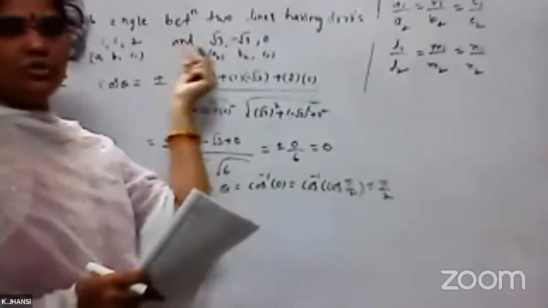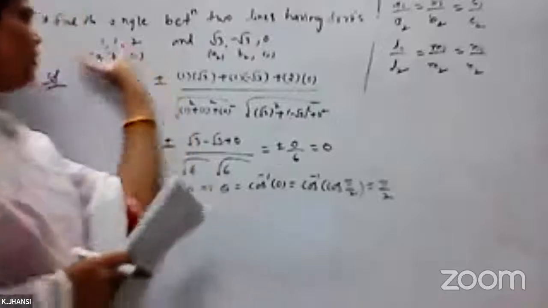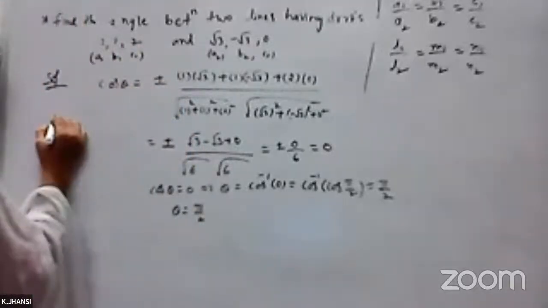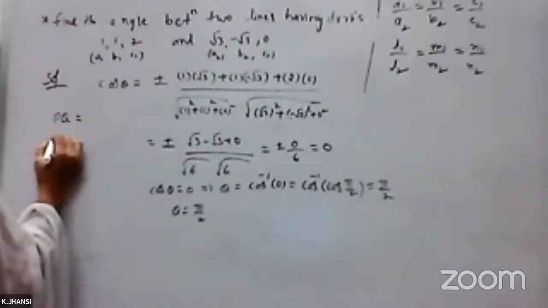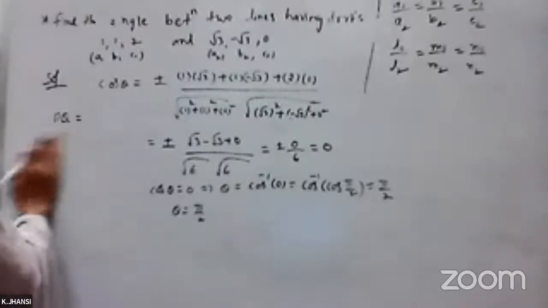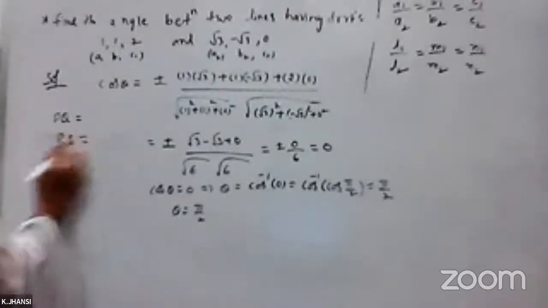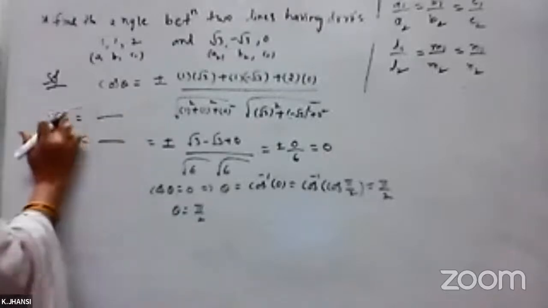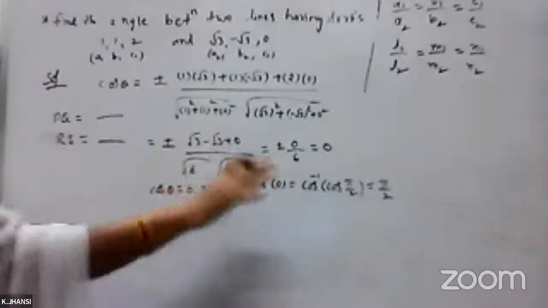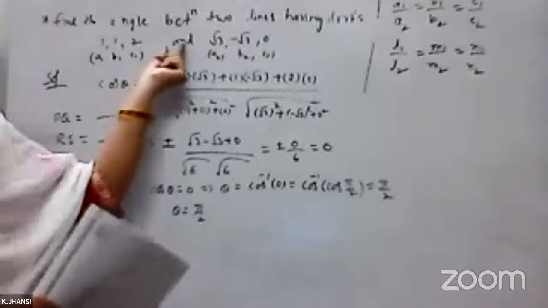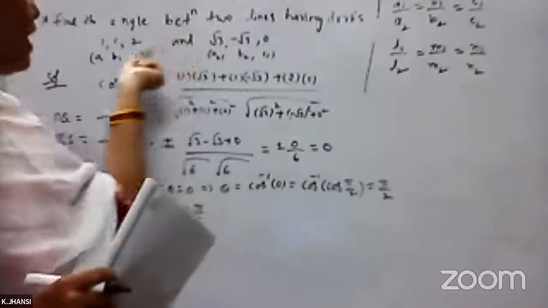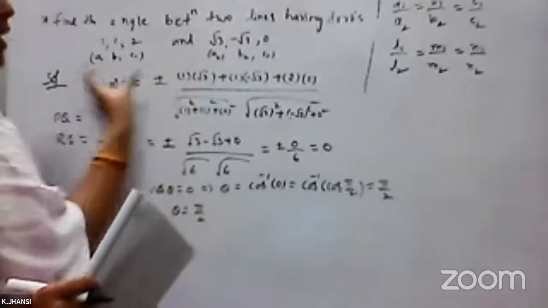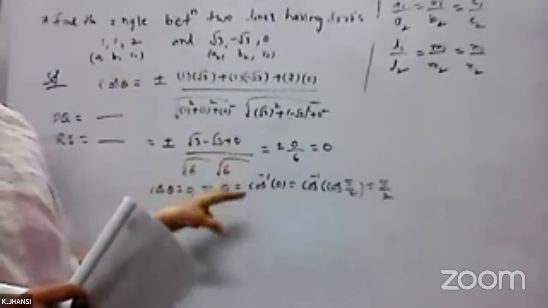After getting those, you will get direction ratios: for PQ you get one set, and for RS you get another. If these two are the direction ratios, then with the help of the same formula you find the angle. So the question may be asked directly with the direction ratios, or they may ask with the help of the 4 points given.